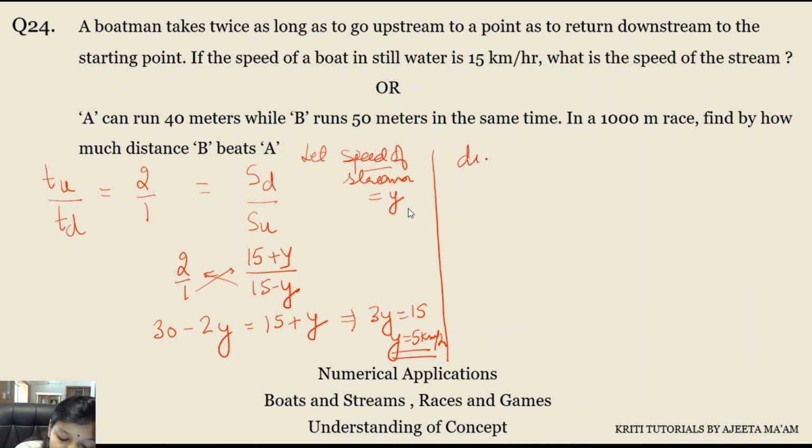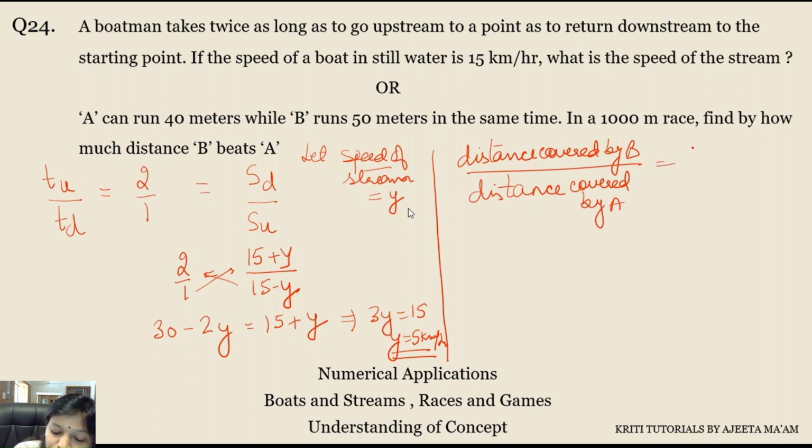Right? So distance covered by B upon distance covered by A. What do you have? 50 and 40. B is covering 50 meters and A is covering 40 meters in the same time, right? So we can simply say 5 by 4. Correct?